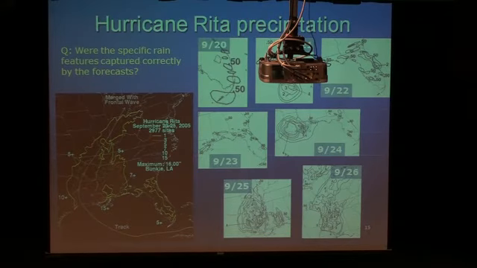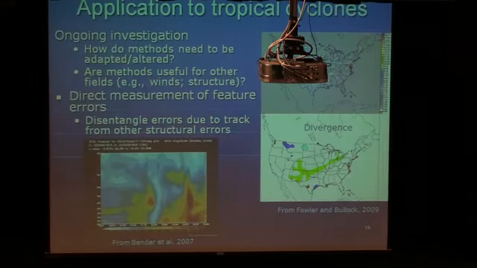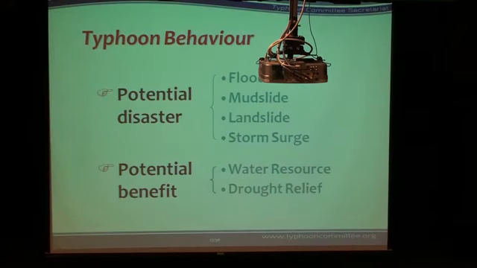How are the models forecasting this? What do we need to do to improve these localized maxima of heavy precipitation? So that's a matter of verification techniques. This is ongoing work with HFIP. How can we adapt those methods for tropical cyclones? I think the big issue is how to disentangle the errors due to the track forecast versus the physics forecast or the initial condition contributions to the errors.